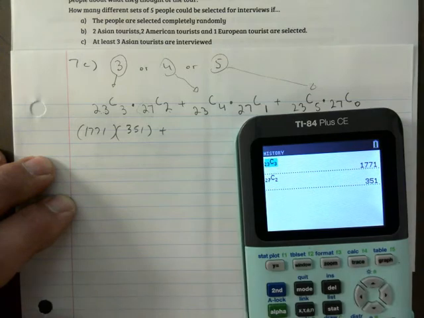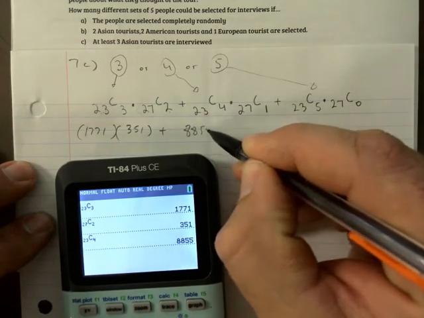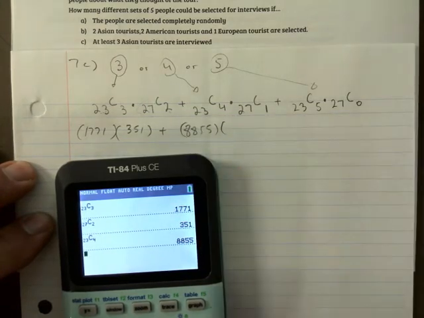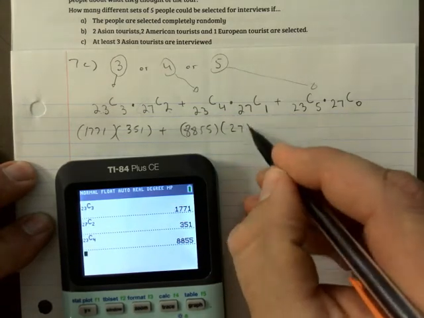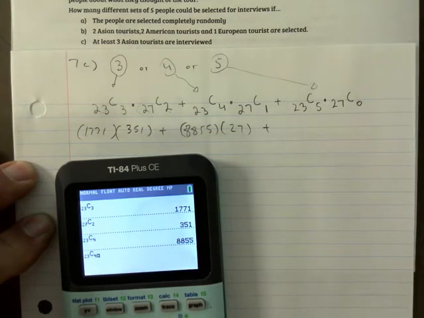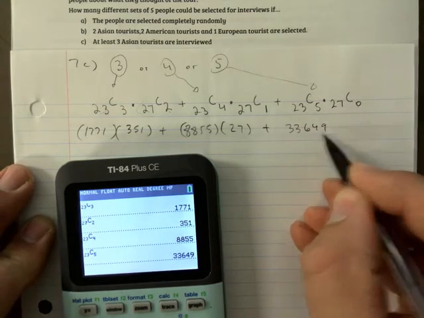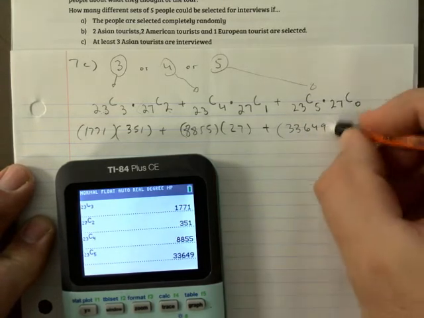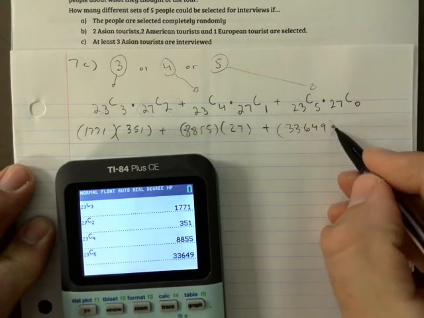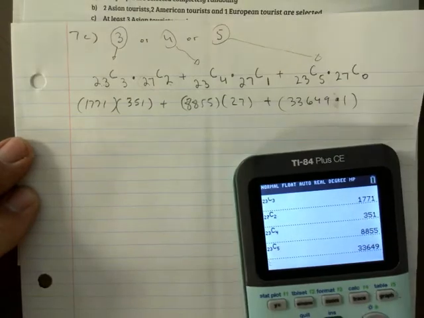Plus, and now I'm going to just copy and paste. I'm going to have a 23 choose 4, which is 8855. 27 choose 1 is just 27, correct? Plus 23 choose 5. That's 33,649. And 27 choose 0 is just 1. So here we have it.